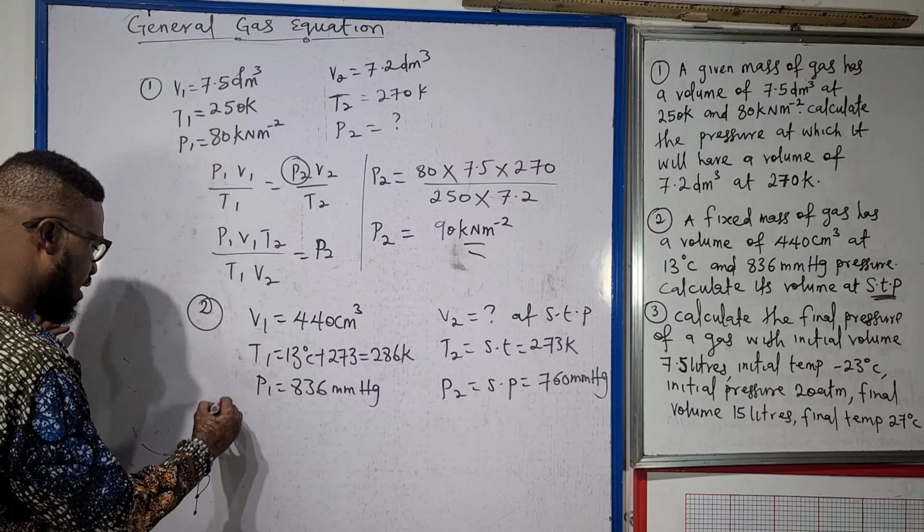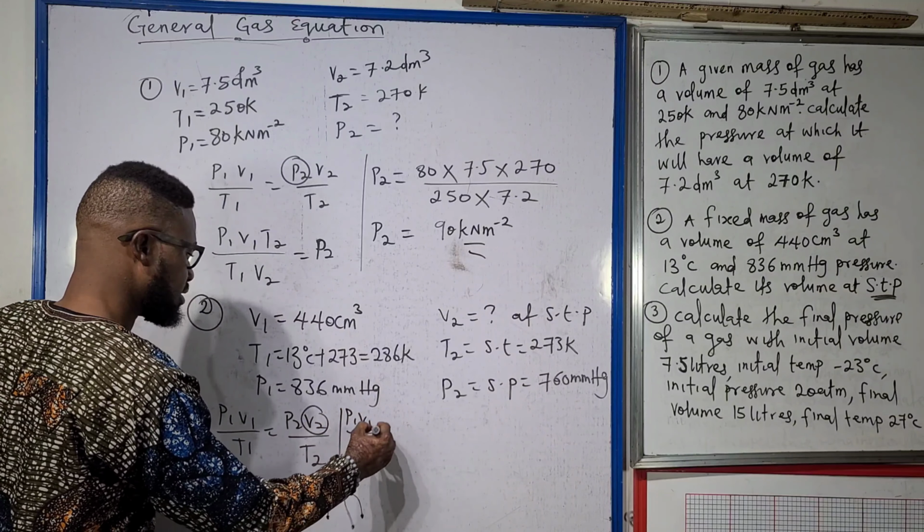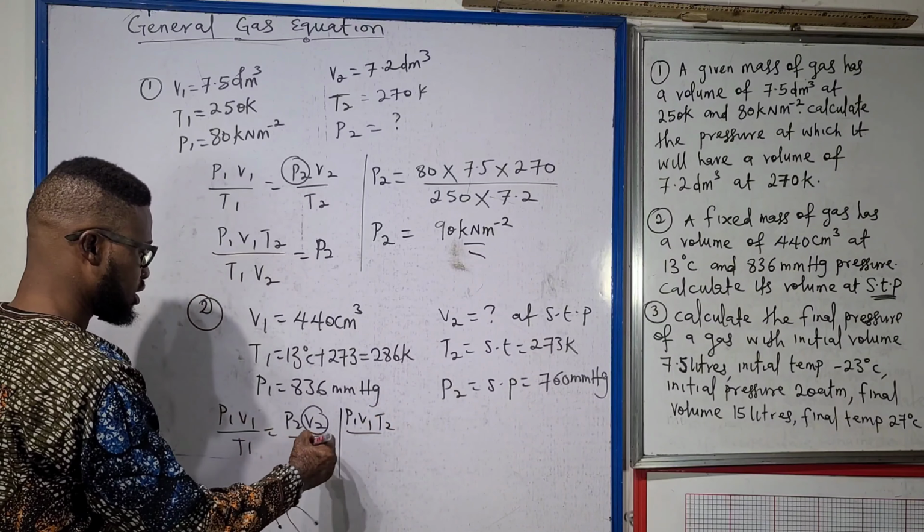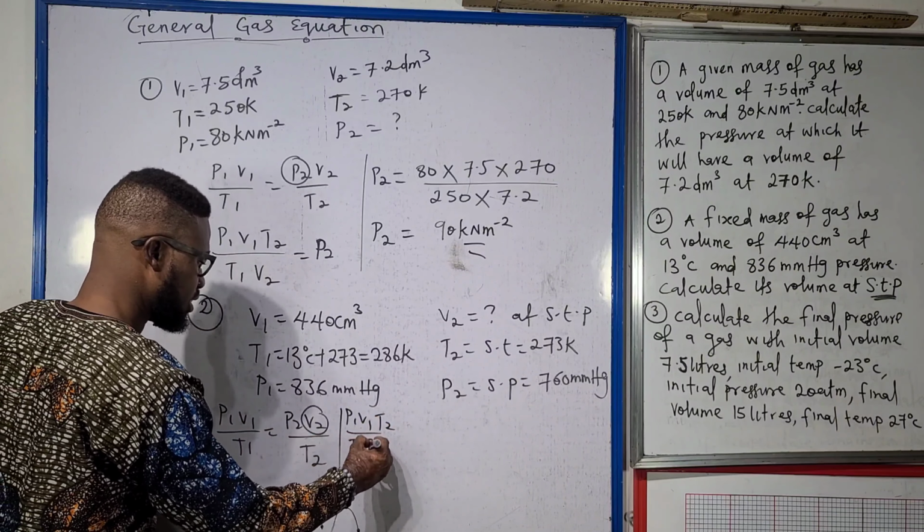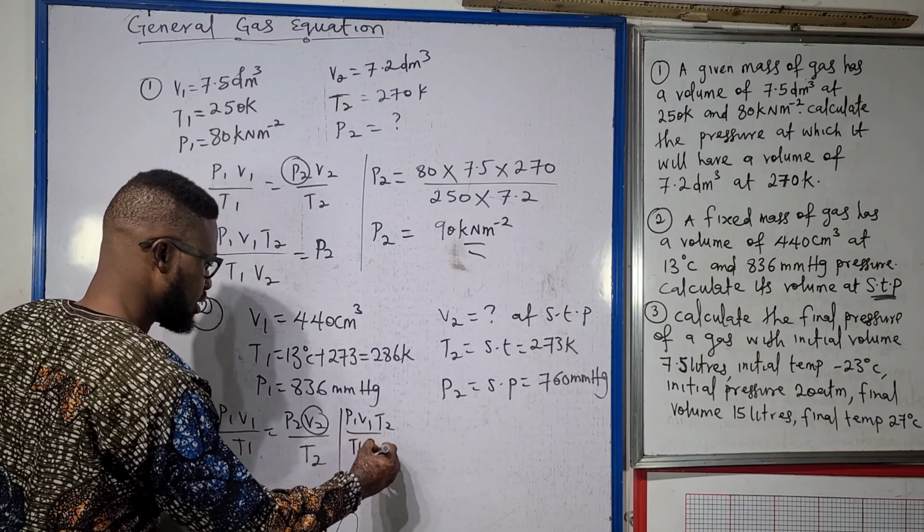We use P1 V1 over T1 equals P2 V2 over T2. Since I'm looking for V2, T2 comes here. I'm going to have P1 V1 T2 divided by T1 P2, and that equals V2.